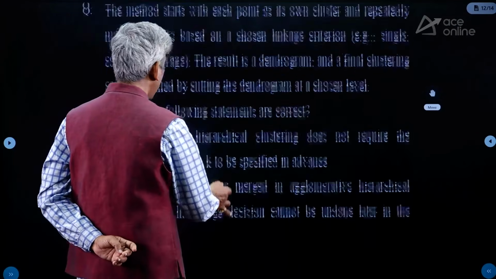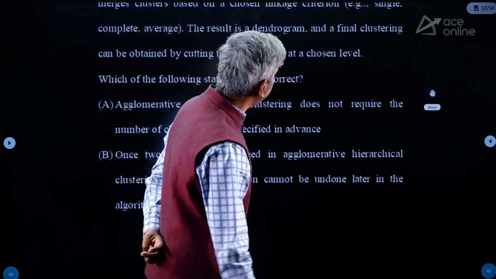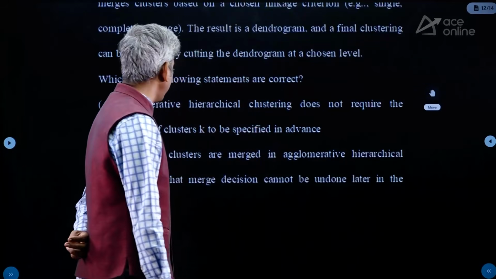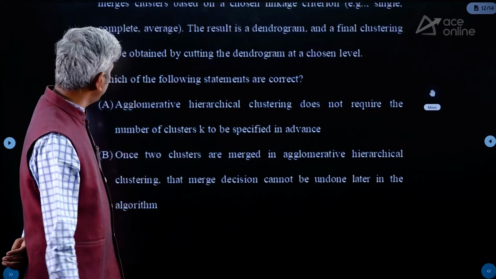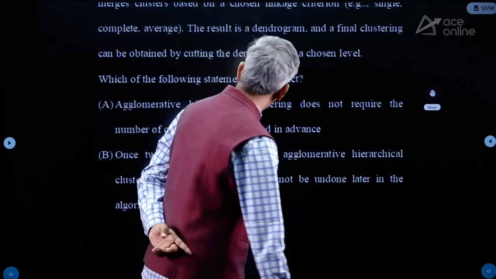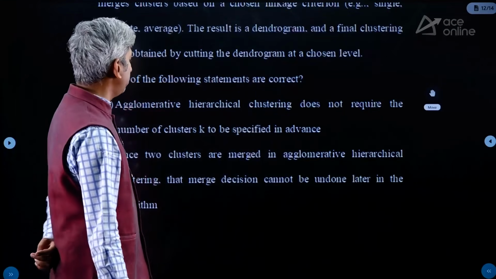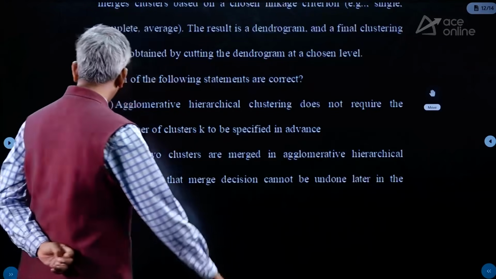Option A, agglomerative hierarchical clustering does not require the number of clusters k to be specified in advance. Option B, once two clusters are merged in agglomerative hierarchical clustering, that merge decision cannot be undone later in the algorithm.